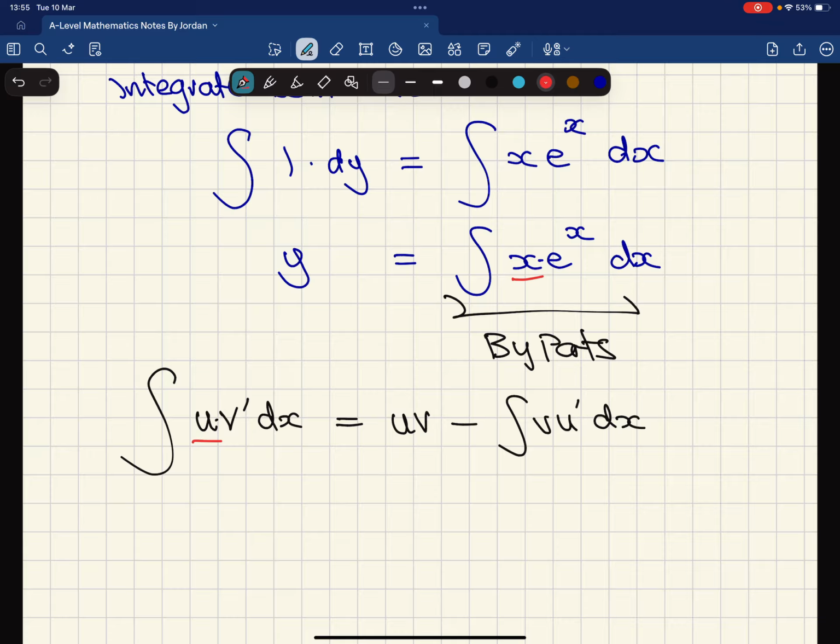So here we go. Let's define our u. Remember, u is the one that's to be differentiated, and in this case it will be x. The one that's to be integrated will be your v dash. Whenever I write a dash on a variable like that, it indicates that it's the differential.